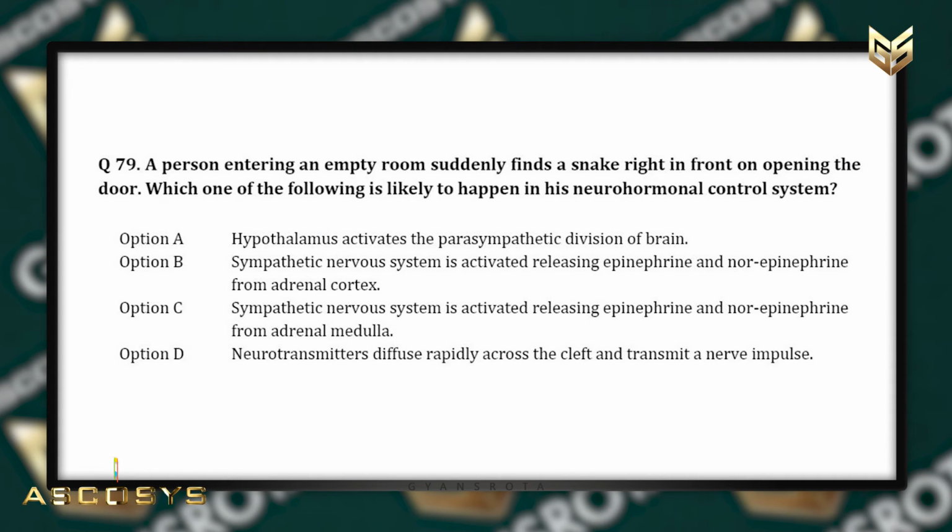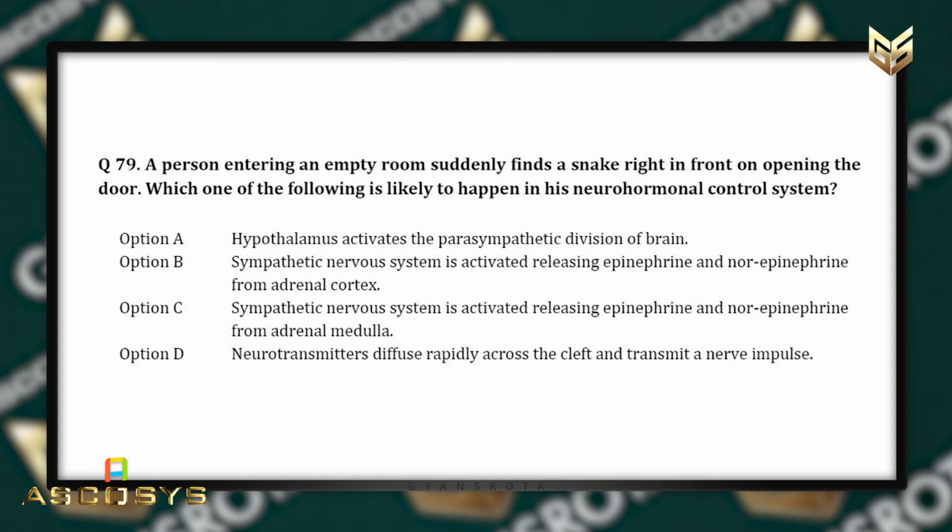A person entering an empty room suddenly finds a snake right in front of him on opening the door. Which one of the following is likely to happen in his neurohormonal control system? Option A, hypothalamus activates the parasympathetic divisions of brain. Option B, sympathetic nervous system is activated releasing epinephrine and norepinephrine from adrenal cortex.